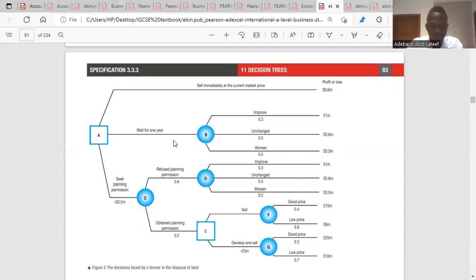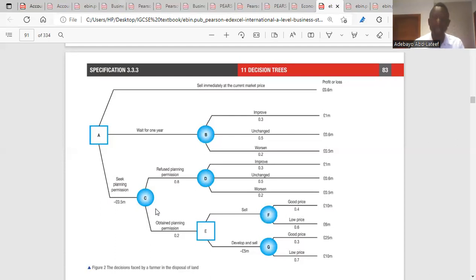Okay, then we have C, which is also another decision here. If he seeks planning permission, which has a cost, he has to pay 500,000 pounds for that planning permission.